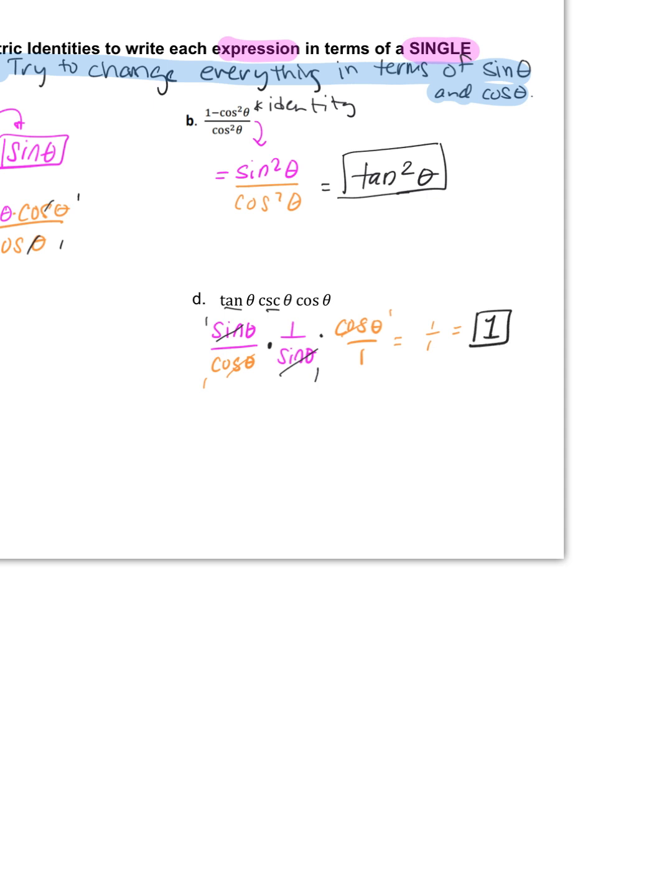Now let me do another way just real quick for this one. My second way would have the same thing after I changed everything, so I'll write that out.